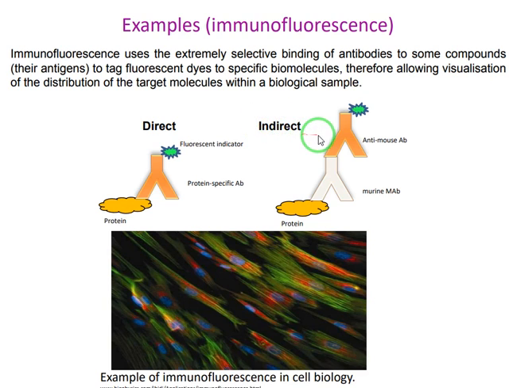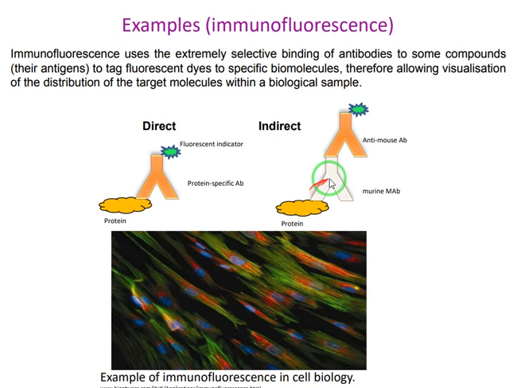Within another approach, we can use the indirect immunofluorescence, in which we use two animal source antibodies, such as the mouse and the murine. And the idea is that we first treat our proteins with the primary antibody, which does not have the fluorescent indicators on it, but this antibody has the affinity towards this protein.